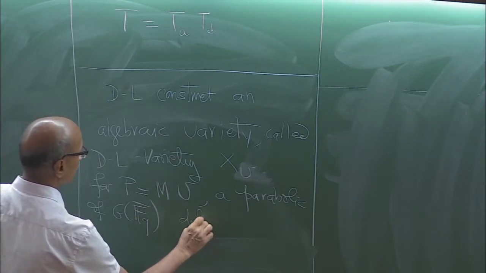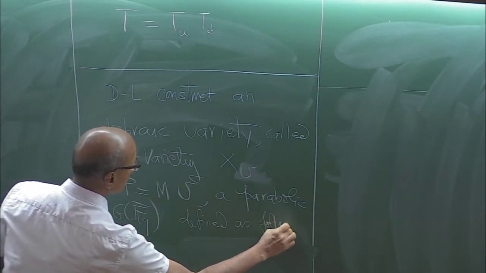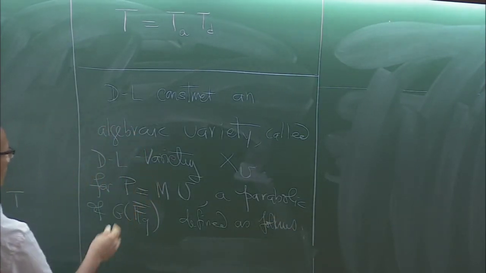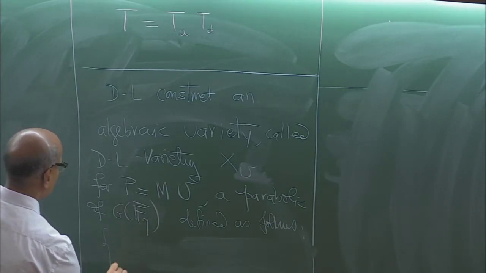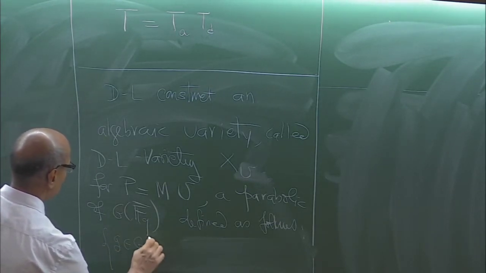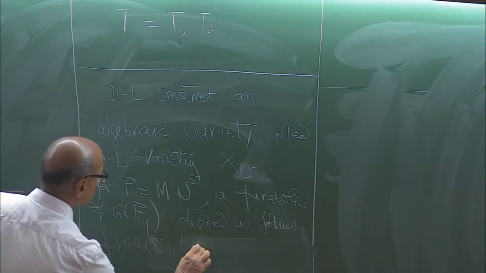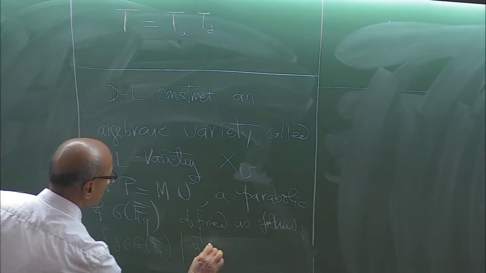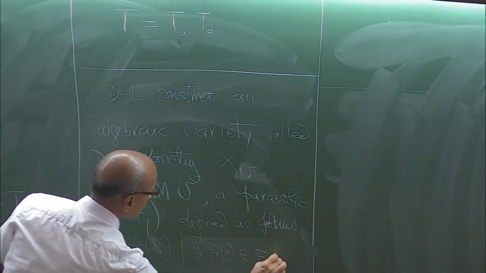Okay, defined as follows. So this is a subvariety of G(F_q bar). So this is g belonging to G(F_q bar) such that g inverse times Frobenius of g belongs to Frobenius of U.